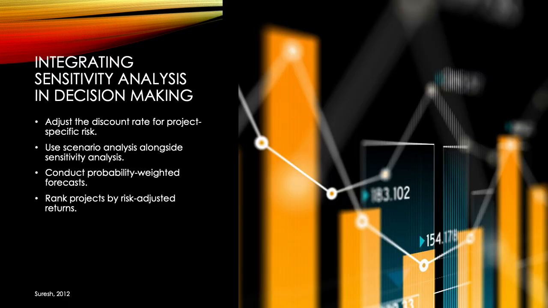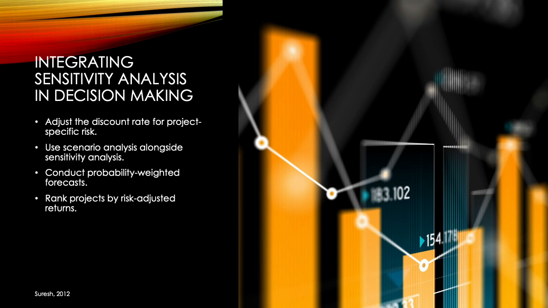Now, how does sensitivity analysis actually factor into capital budgeting? There are several ways to incorporate risk. A common method is using a risk-adjusted discount rate. This is a higher rate for riskier projects, which lowers the present value of expected cash flows. We can also use scenario analysis, where we combine multiple changes at once.